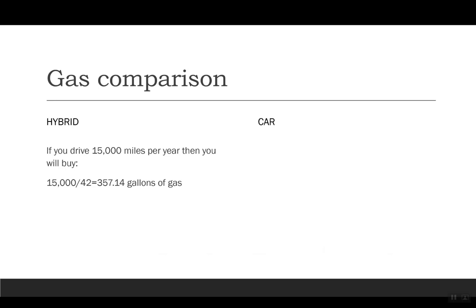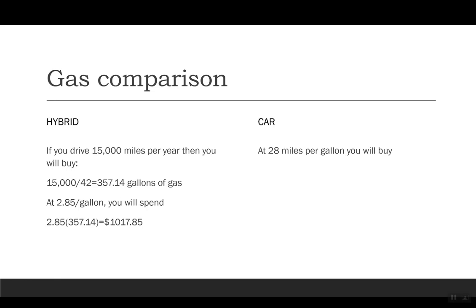So I'm taking the total miles divided by the miles per gallon to figure out how many gallons I need to buy. And then I multiply that by the price of gas. So the $2.85 per gallon times 357.14 gallons says there's $1,017.85 a year in gas. The other car only gets 28 miles per gallon.